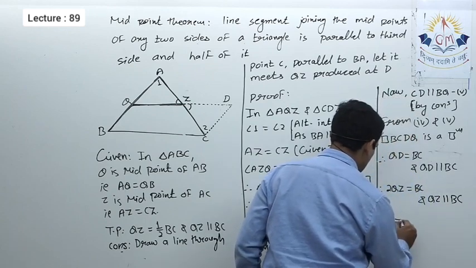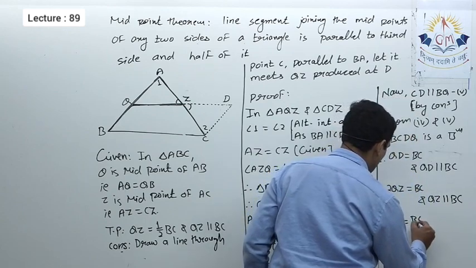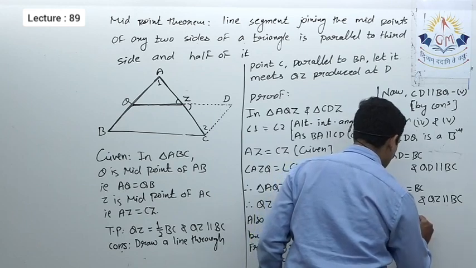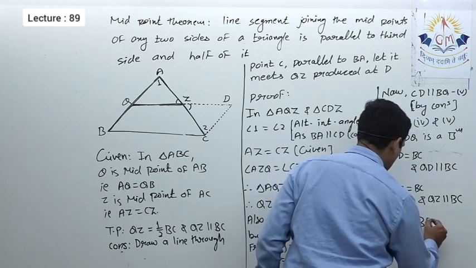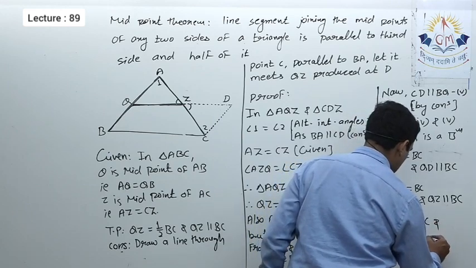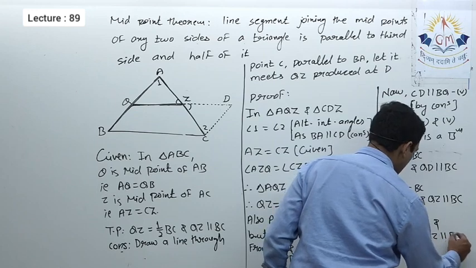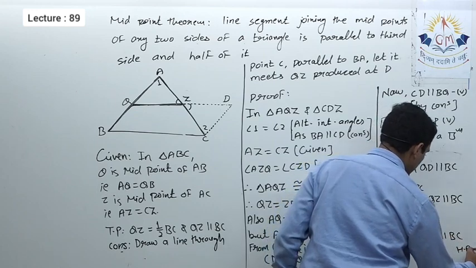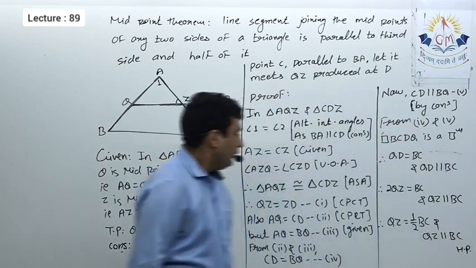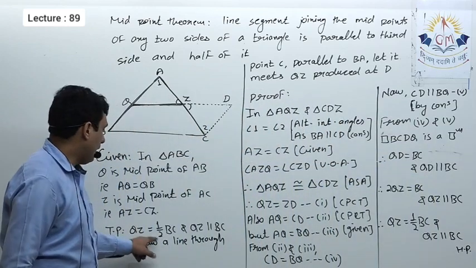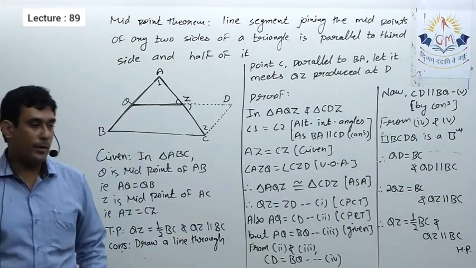Therefore, I can write QZ is equal to BC by 2, or half of BC. Therefore, QZ equals 1 by 2 BC, and QZ is parallel to BC. Hence proved. So we proved QZ equals half of BC as well as QZ parallel to BC.